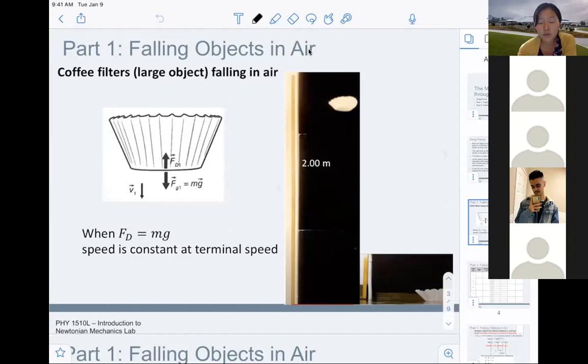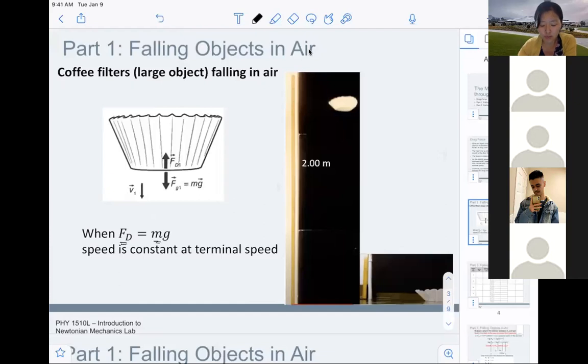As I mentioned previously, as velocity increases, air drag also increases. Eventually the air drag will increase to an amount equal to gravity. When the air drag force equals the weight of the coffee filters, the coffee filters will no longer be able to accelerate because all the forces balance out.